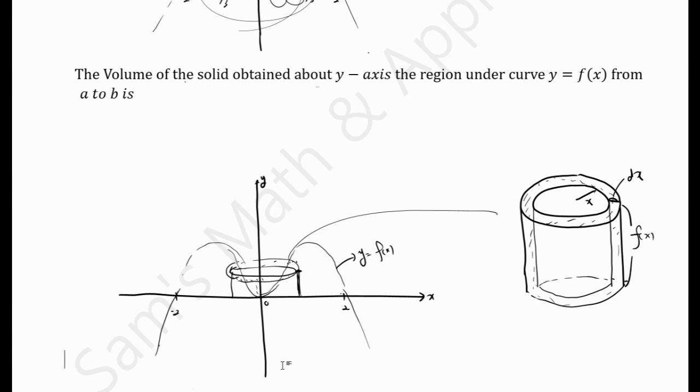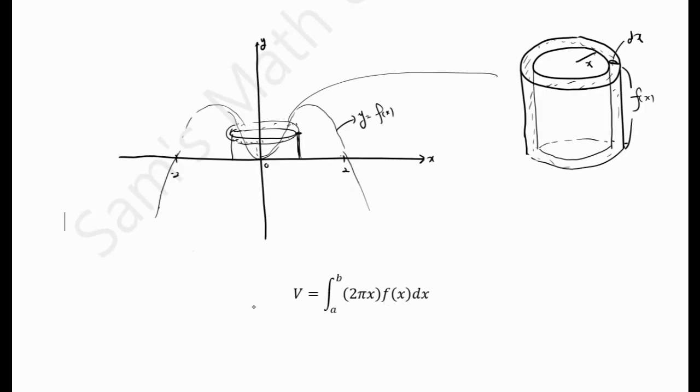This cylindrical shell can be unfolded into a rectangular parallelepiped like this. We cut this part and unfold it.